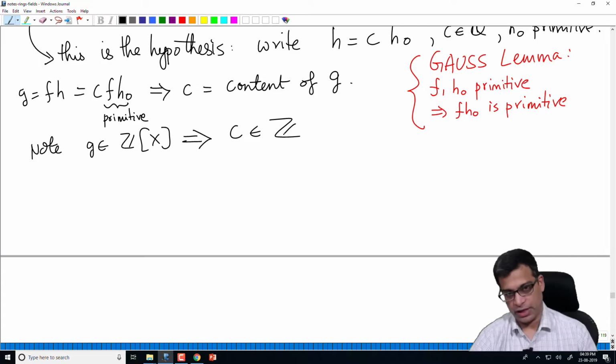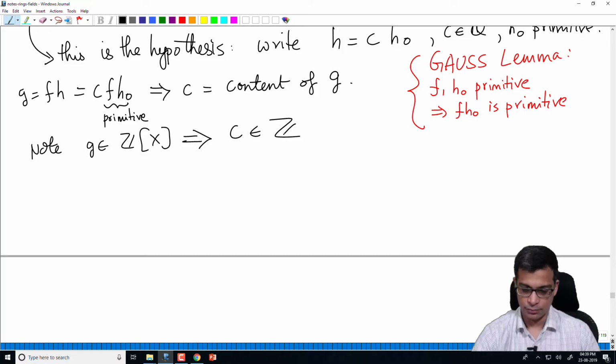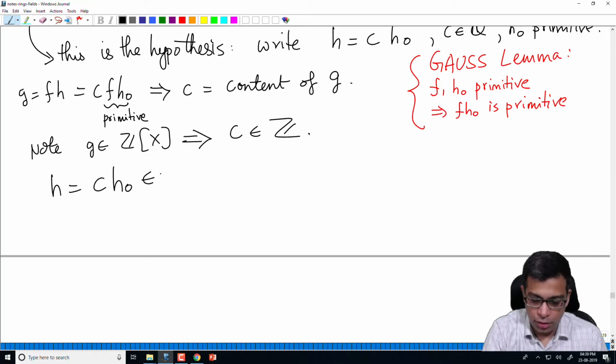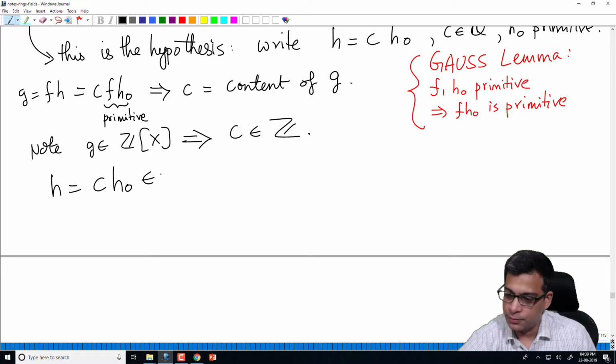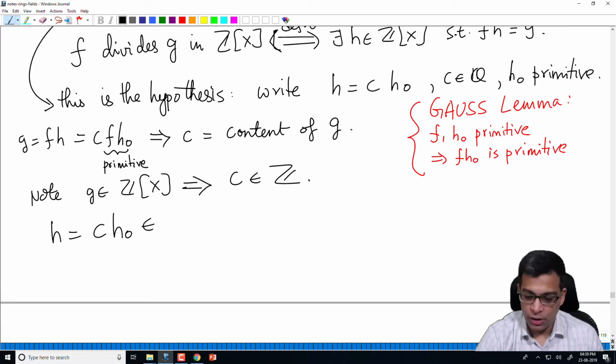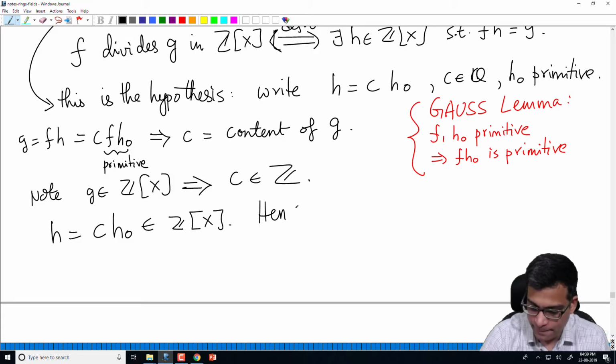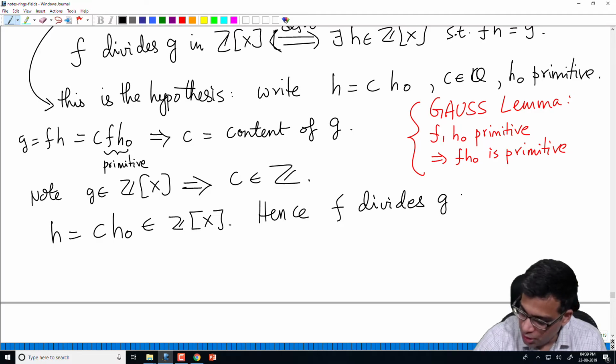If the polynomial we started with is actually an integer polynomial, then the content is actually an integer. Now c is in Z and h, remember, is c times h0. h0 is an integer polynomial because h0 is primitive. c we have just concluded is an integer, so h itself is in Zx, and hence f divides g in Zx.